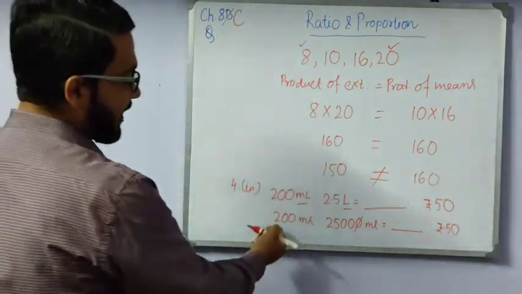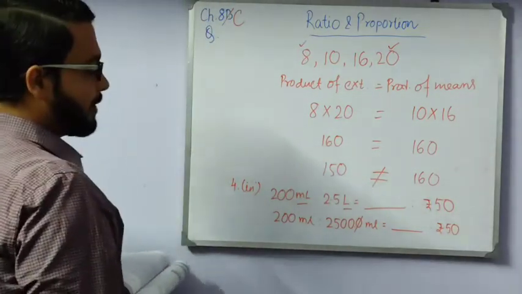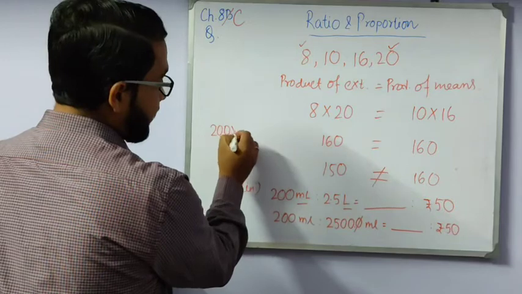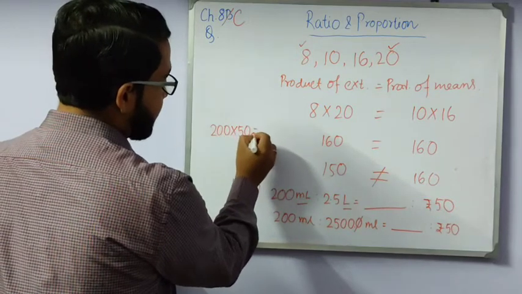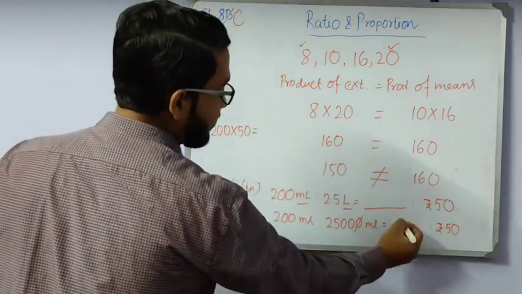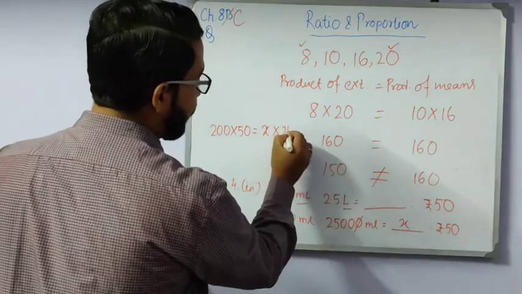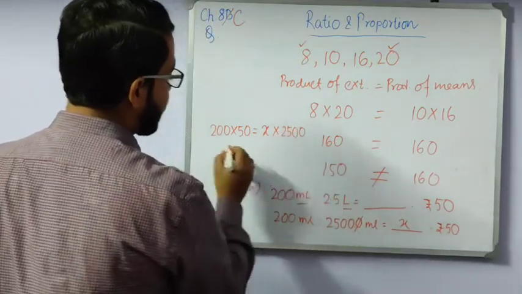So product of extremes is equal to product of means. So 200 into 50 is equal to, here you can assume x, so x into 2500.